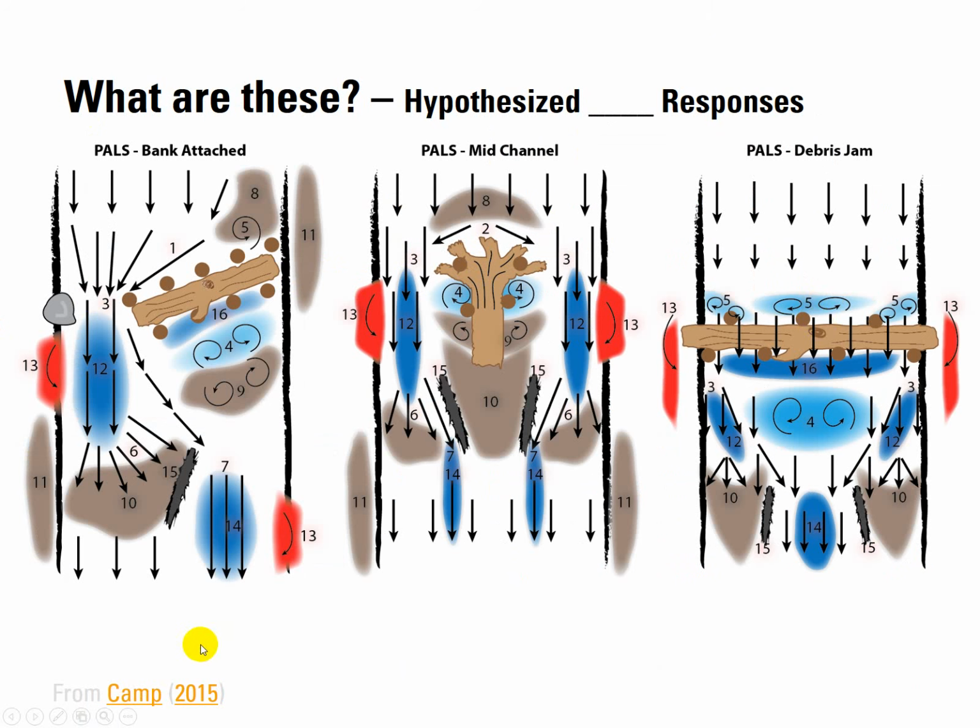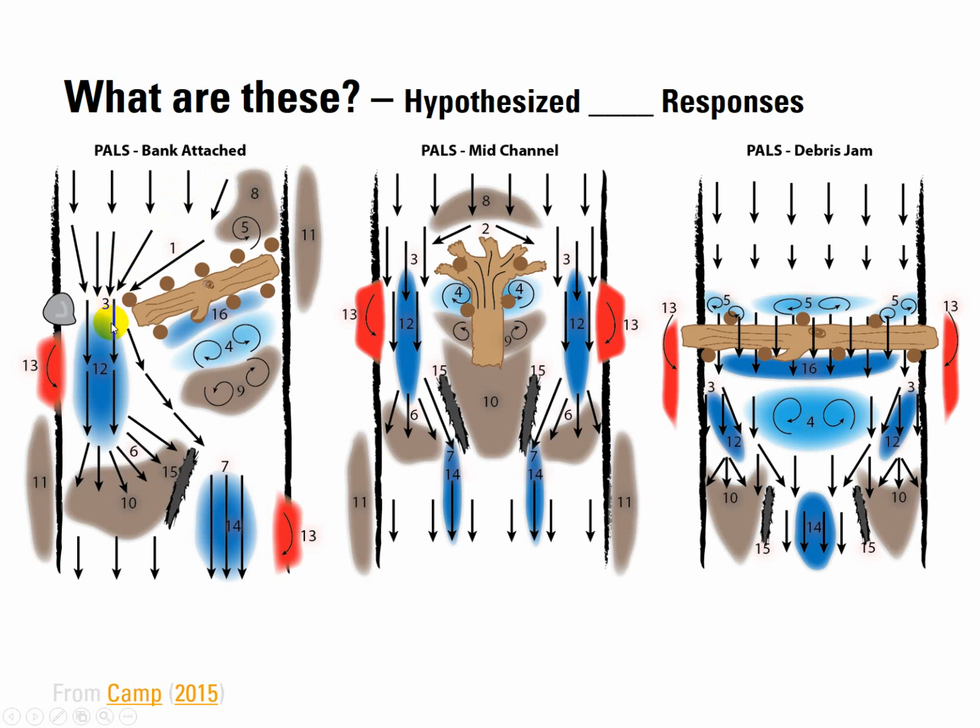These are cartoons out of the Asotin, which you heard Steve talk about in Module 2, and these are cartoons that Reed Camp drew. And so you have hypothesized velocity vector responses. Those are hydraulic responses, shown with these arrows, where the structure is expected, in the case of this one, to create a constriction jet.